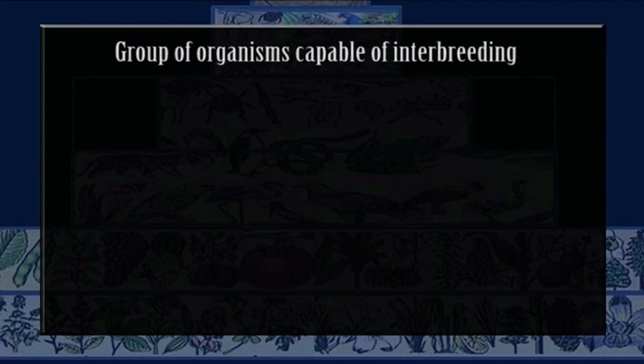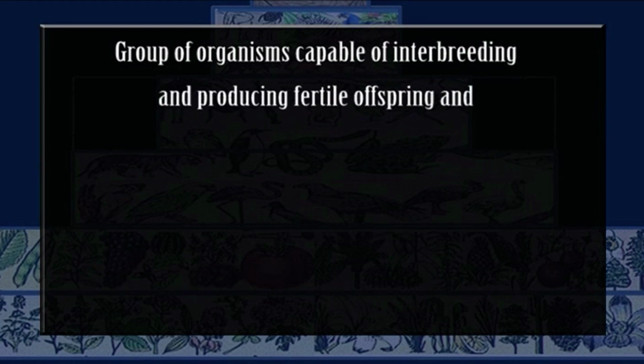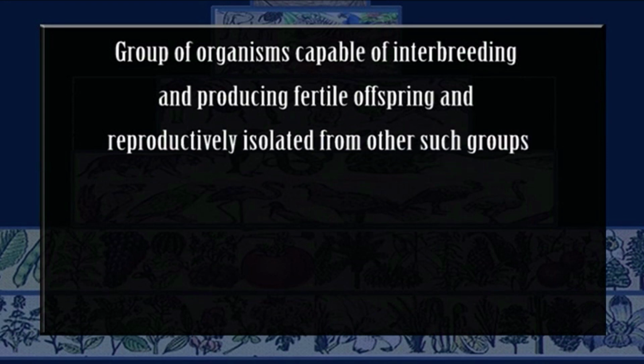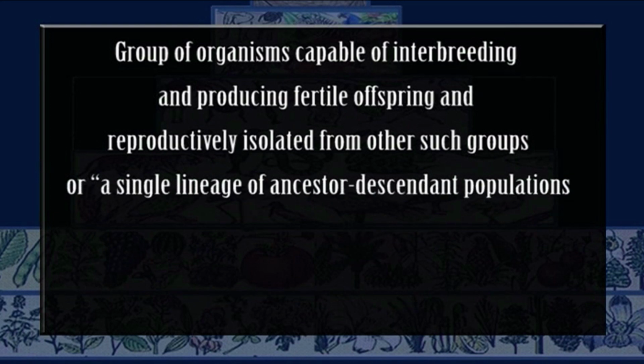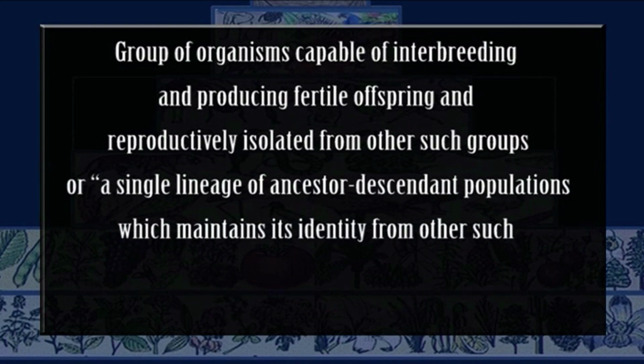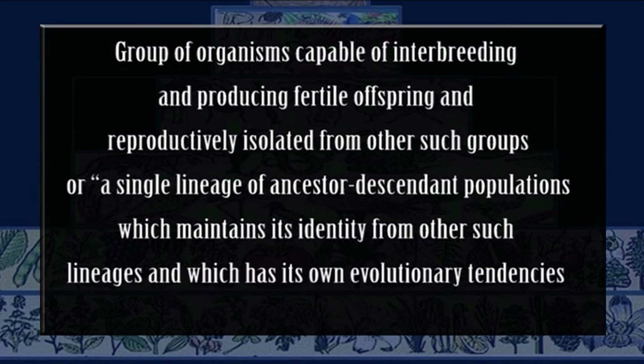Not going much into the details of various definitions of species, a species can simply be defined as a group of organisms capable of interbreeding and producing fertile offspring and reproductively isolated from other such groups, or a single lineage of ancestor-descendant populations which maintains its identity from other such lineages and which has its own evolutionary tendencies and historical fate.